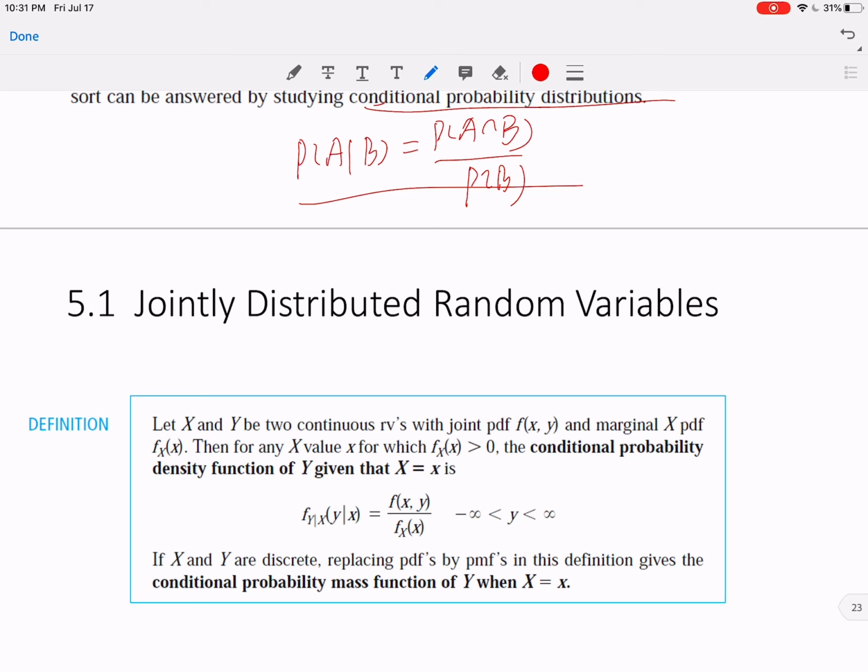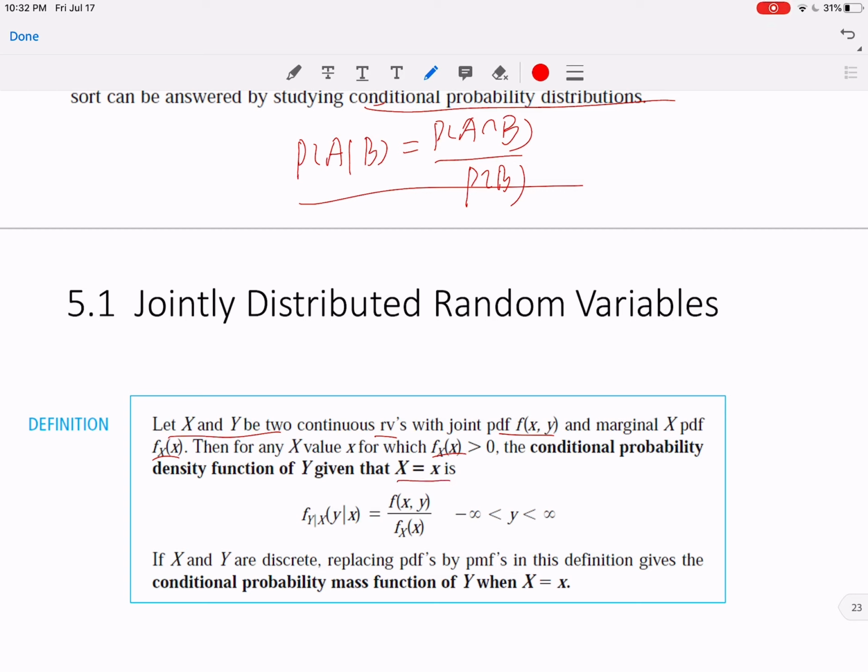Let x and y be two continuous random variables with joint PDF f of x, y, and marginal x PDF f of x. Then for any value x for which f of x is greater than 0, we define the conditional probability density function of y given that X is x.